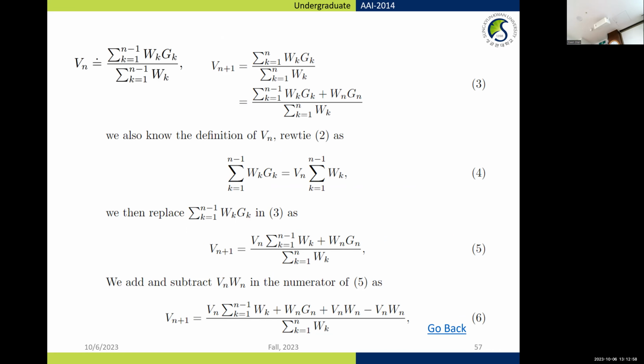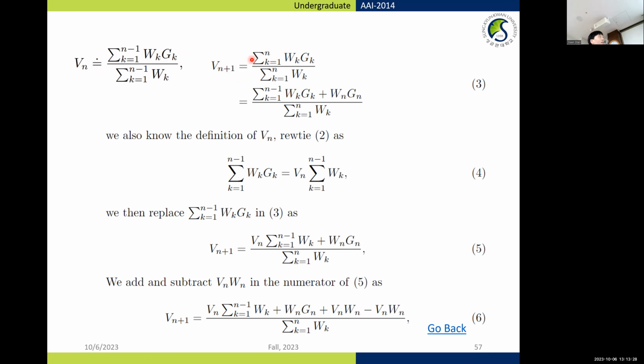So this is equation 2, which we can rewrite here; this is the original definition of equation 1. What we do is first write, based on this definition, Vn plus 1; we just change the subscript to n plus 1 instead of n. Now the sum's upper bound n minus 1 becomes n, because we add 1 here.